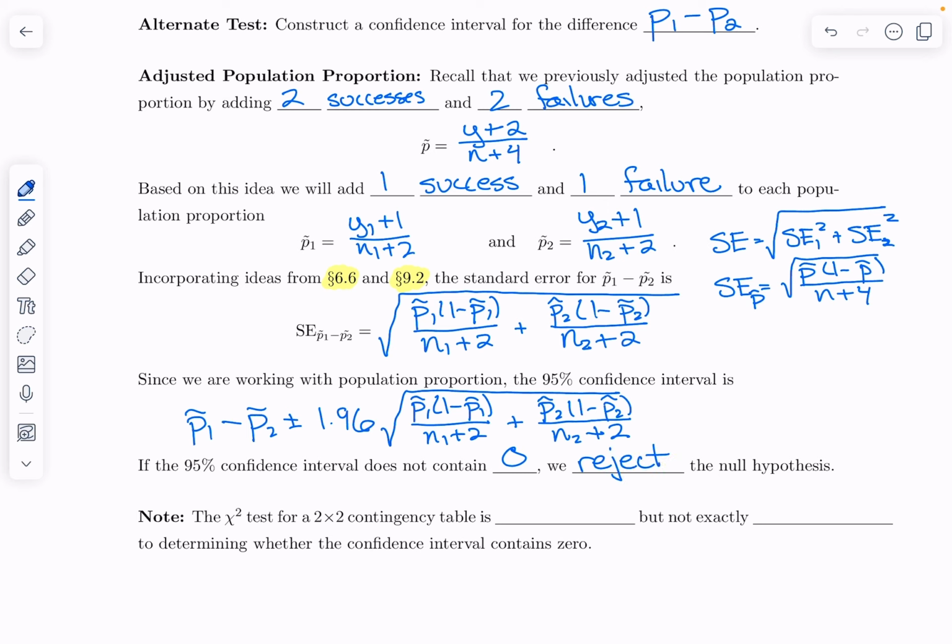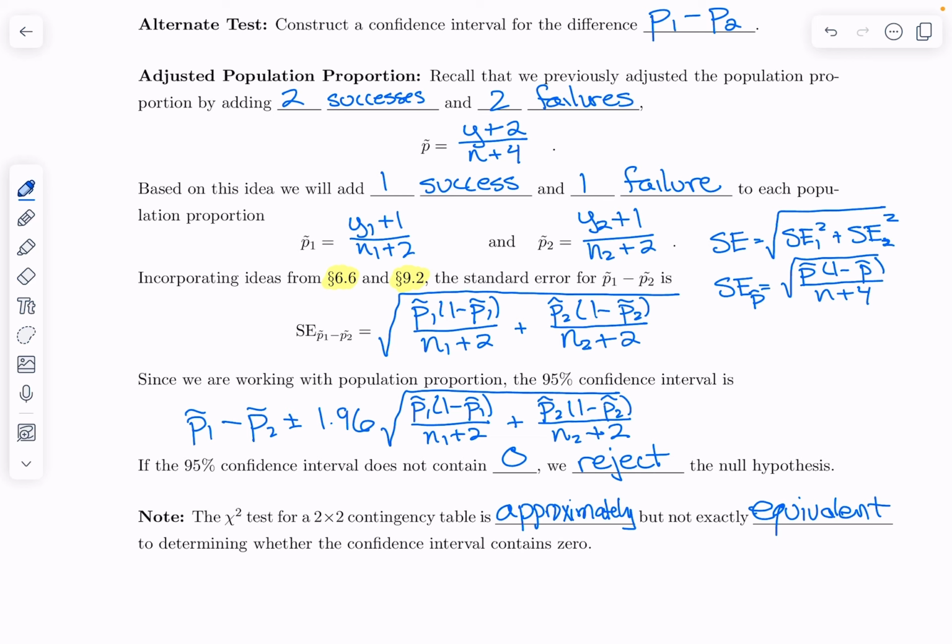So this is very similar to what we did when we were comparing two means. Now, it turns out that this test is going to be approximately equivalent to the 2x2 contingency table. Okay, so the chi-squared test for a 2x2 contingency table is approximately, but not exactly, equivalent to determining whether the confidence interval contains 0.